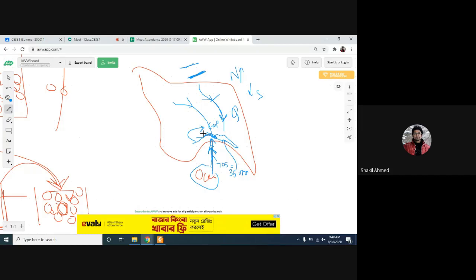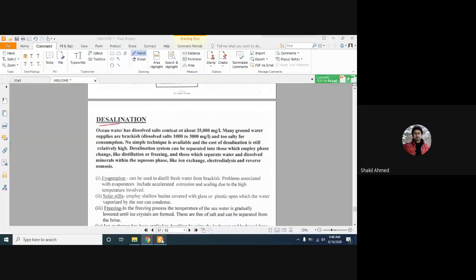So this problem is aggravated by these man-made and other natural phenomena. The people in the southern part of Bangladesh are facing this salinity problem a lot.